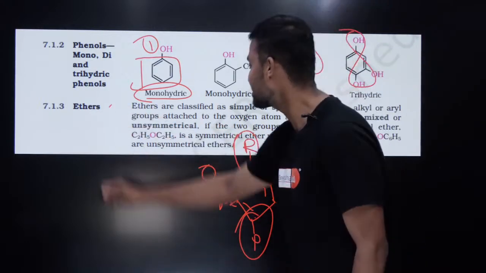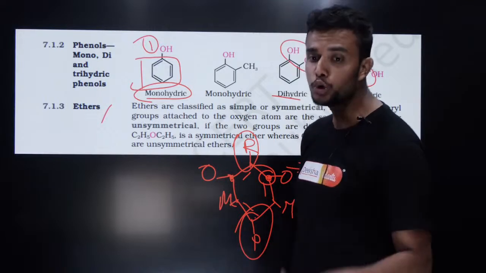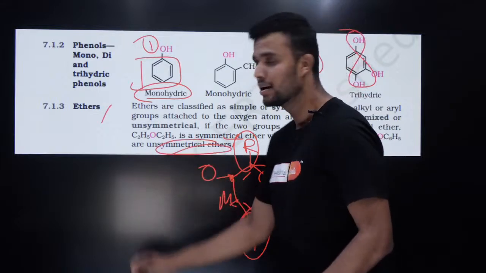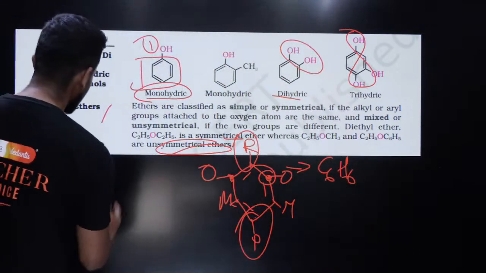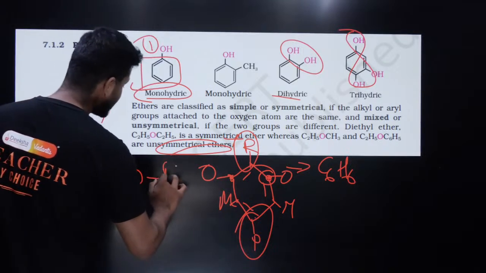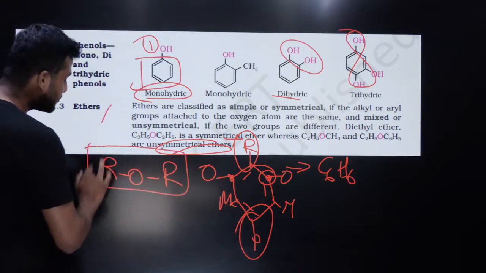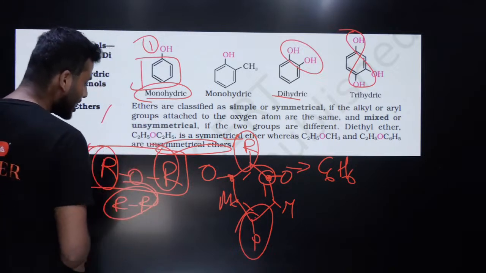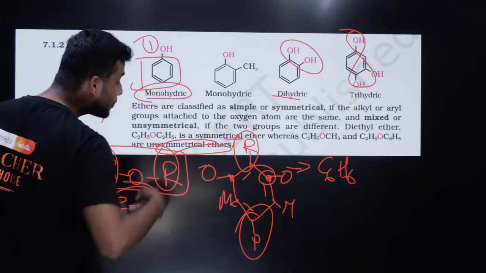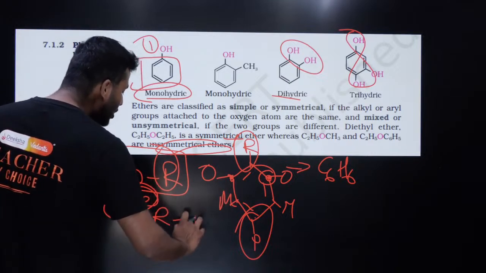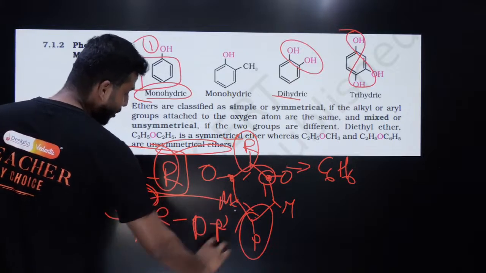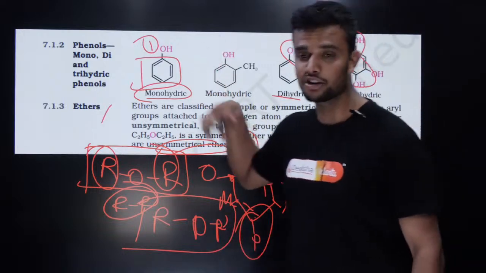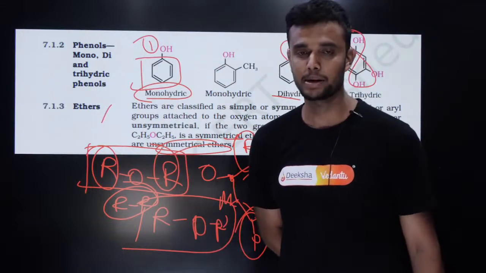Next, move on to the classification of ether. Ethers are classified into two types: symmetrical ether and unsymmetrical ether. We already know the format of ether, right, students? The general formula is ROR. If both R groups are the same, these ethers are called symmetrical. If both R groups are different, these ethers are called unsymmetrical ethers. That is the entire classification of alcohols, phenols, and ethers.